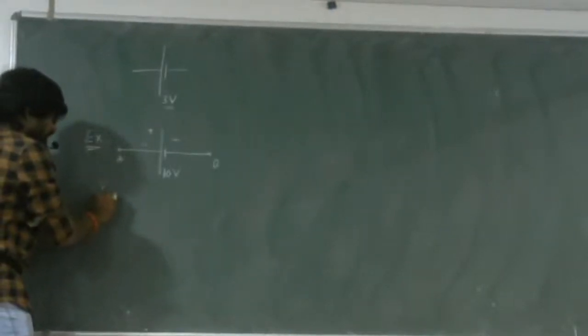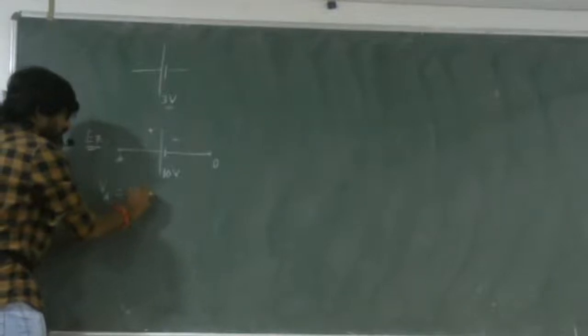Simply, potential at point A is 10 volts. Potential at B is how much? 0 volts. We call these the higher and lower potentials.